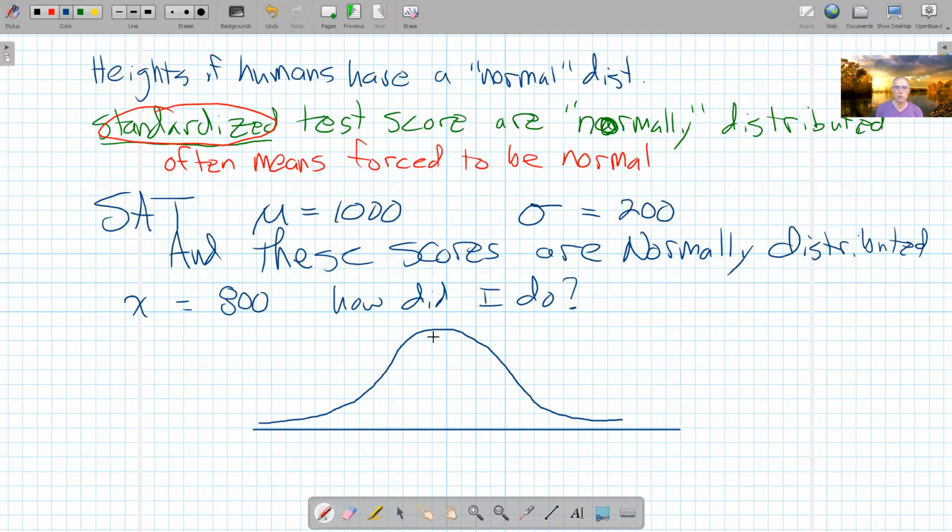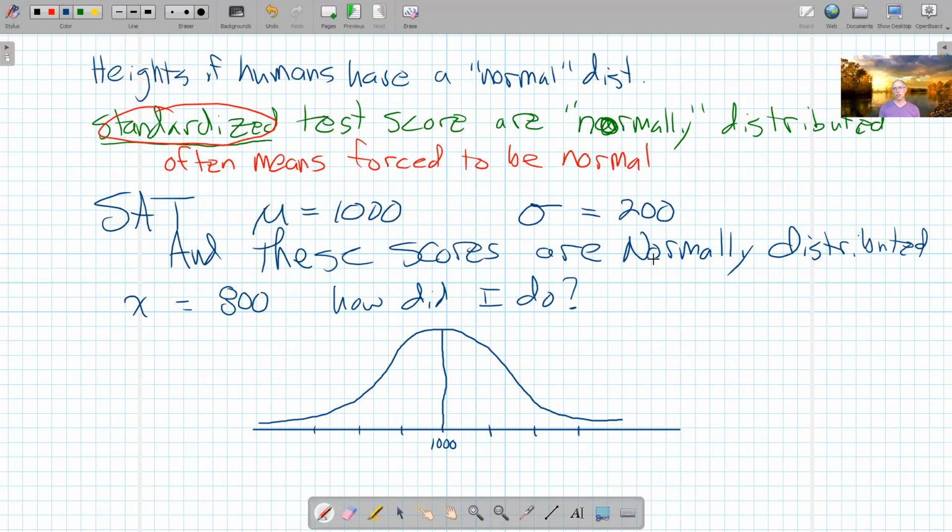Okay, so there's my best symmetric normal curve, and then there's my mark for the middle. That's the median and the mean if it's symmetric, and I'm claiming that the mean is 1,000. And then maybe around right here is 1 standard deviation above, 2 standard deviations, 3 standard deviations, and going the other way, about 1 below, 2 below, and 3 below.